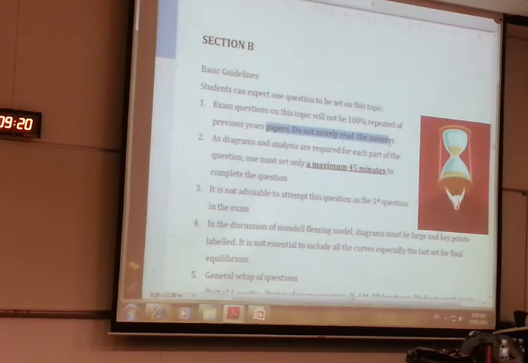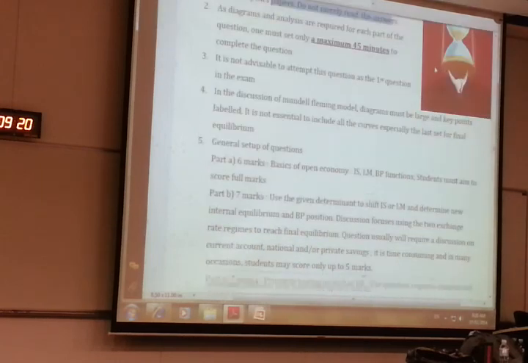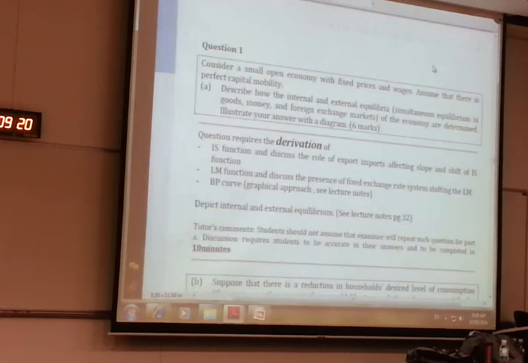Okay? So that is a quick overview of our tutorial 4. Okay, the reason for section B, I don't do many questions is because I've done all the analysis in the lecture notes already. So I only show you how a typical exam question may look like. Regarding part B and C, we've done all those in the lecture notes.